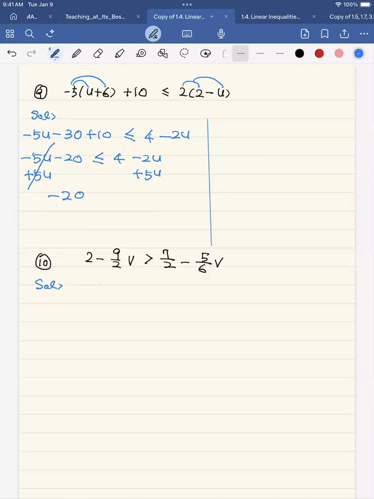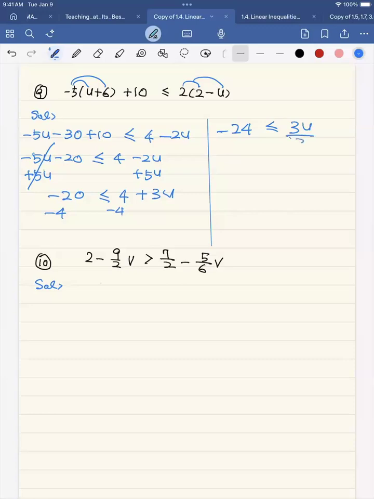And we have negative 20 less than or equal to 4 plus 3u. Now we subtract 4 on both sides. Then the left side will become negative 24. The right side will be 3u.